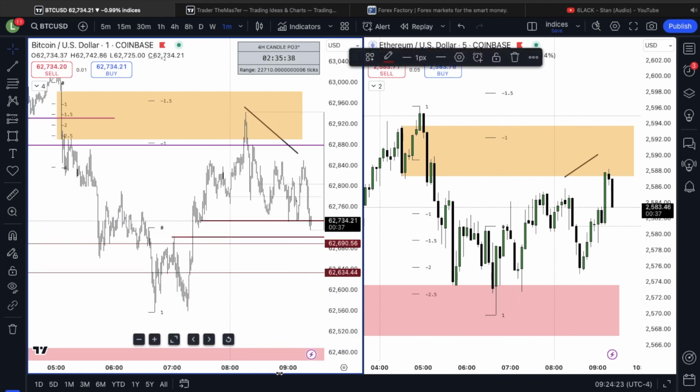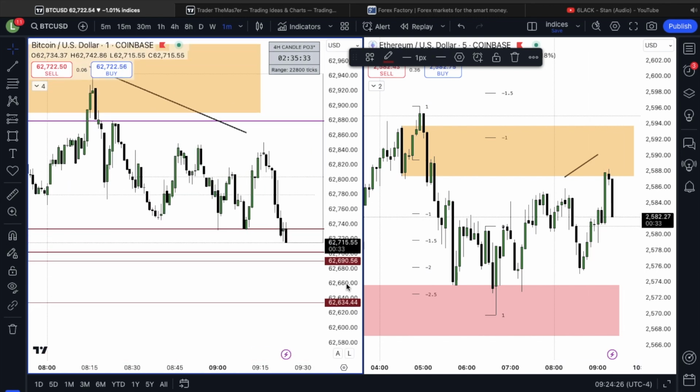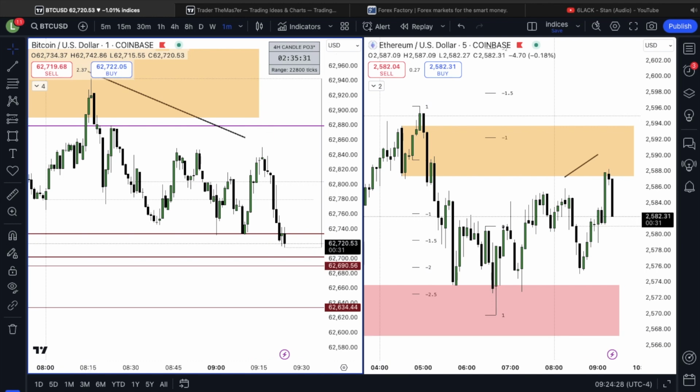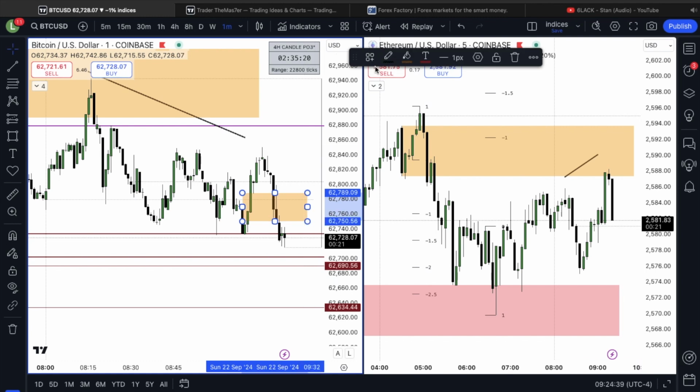Probably could come back into that 15 minute FVG. We are going to have an inversion here on the 1 minute tied in with a breaker.